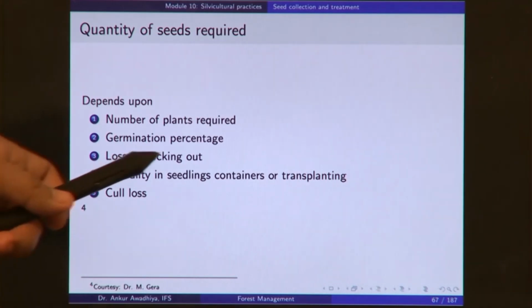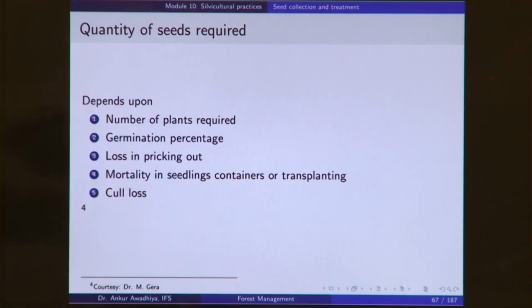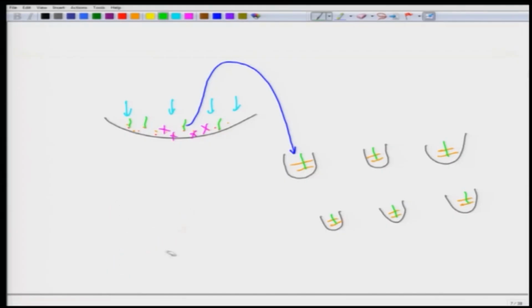Then there will be mortality in seedling containers or transplanting. So, once you have done this pricking out operation, your seedlings are there in the polypot and now these seedlings are growing.